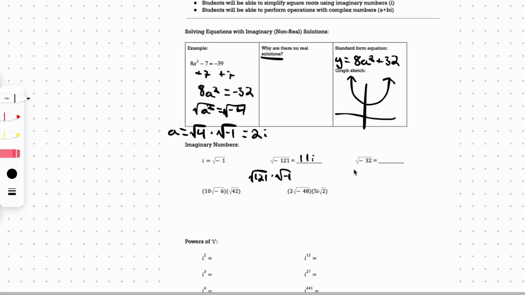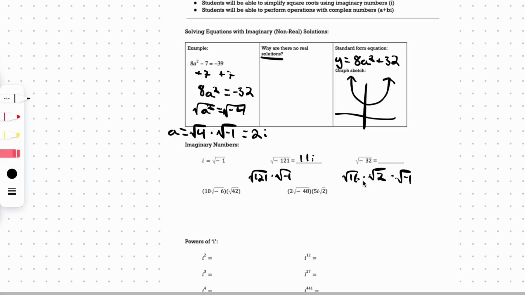Now here, I'm just going to disregard the negative and look at the 32. What are some perfect square factors of 32? Well, 16 is a perfect square and it's a factor of 32. So I'm going to write this as root 16 times root 2 to get to 32, and we also have that negative out in front.